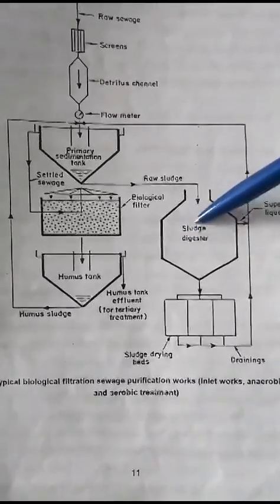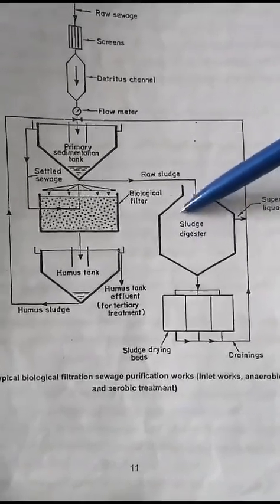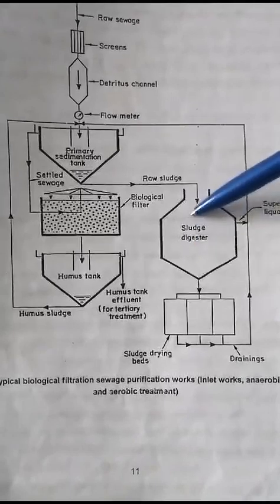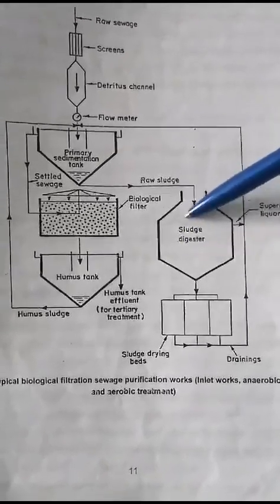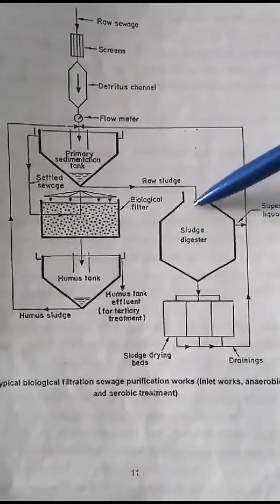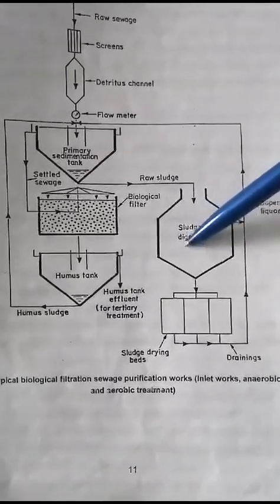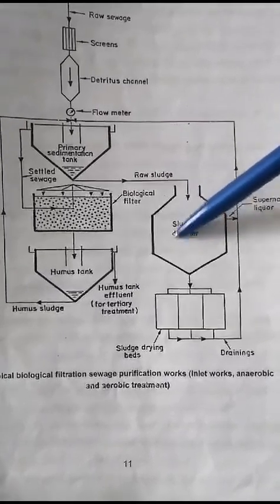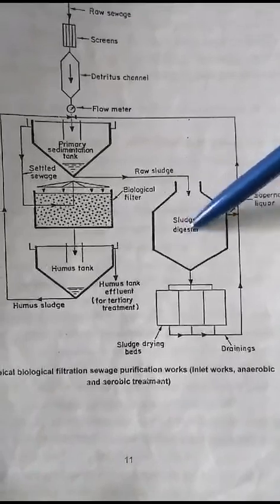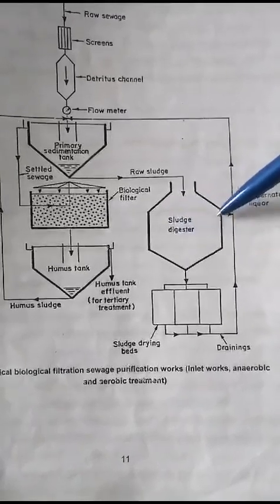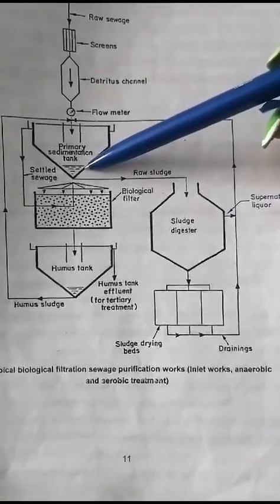So remember that the sludge is going to be digested under anaerobic conditions where there's no oxygen. The sludge digester is very closed. So after the sludge digestion process, then what will happen? The water that will be produced here will go back into the primary sedimentation tank.